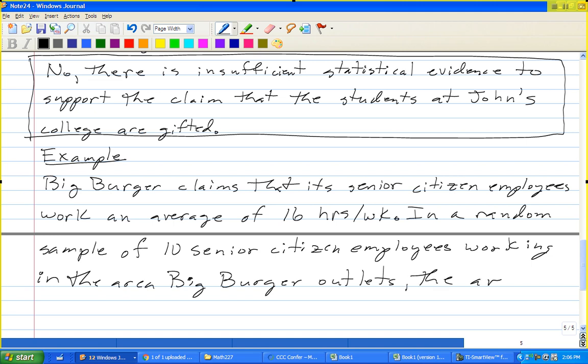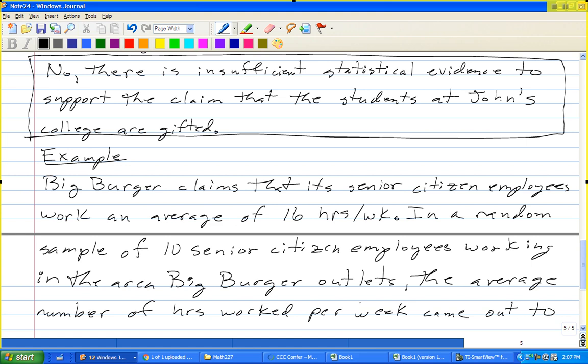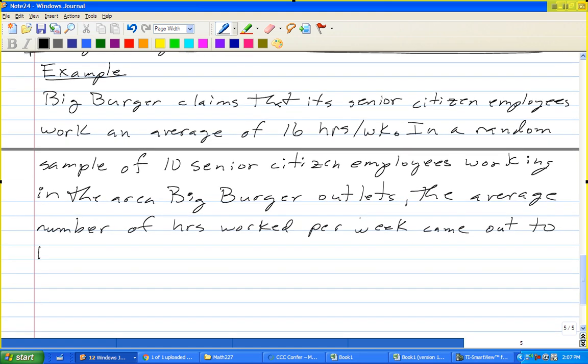The average number of hours worked per week came out to be 21 hours, and with the standard deviation of 5 hours.